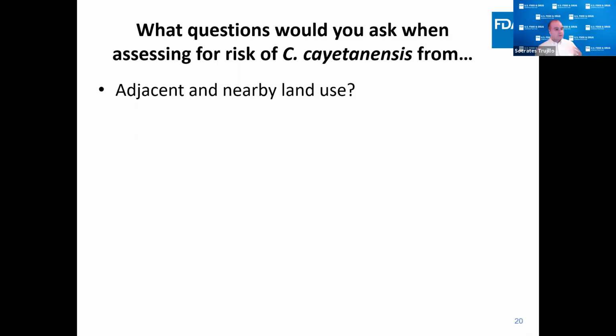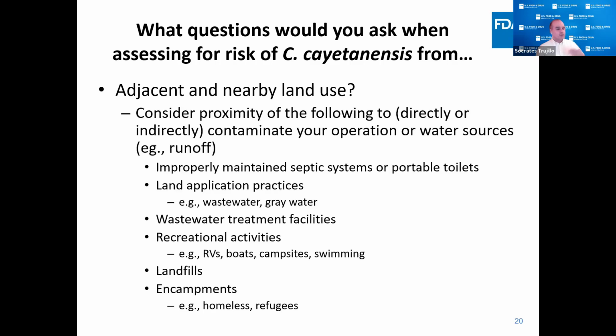But again, right, the good neighbors. So what is next to the farms, around the farms? Is there anything that can be a potential source of contamination for this specific pathogen, the parasite, right? Are they applying biosolids to the areas around the farm, even though they're not applied directly on the produce that they're growing?